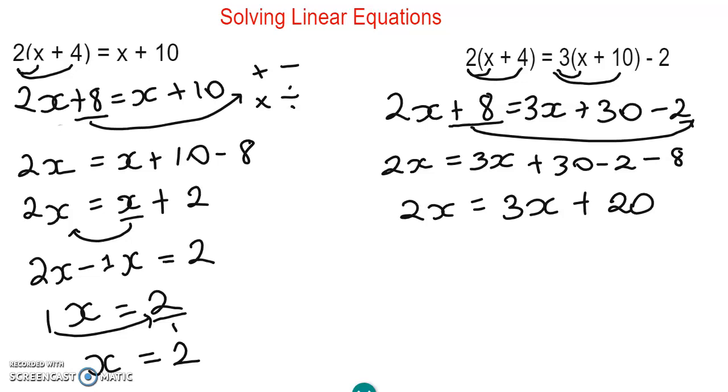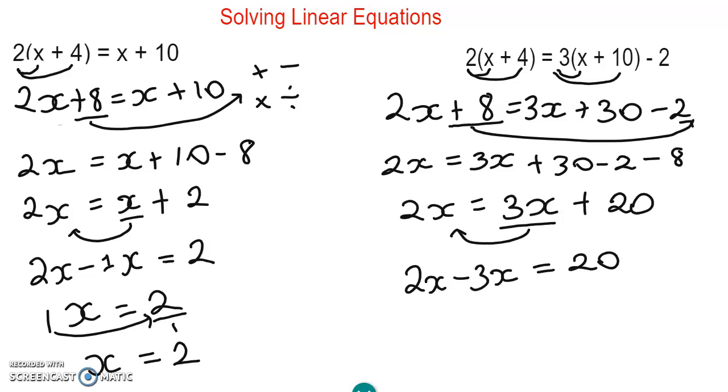And now we just need to move our unknown, which is this 3x that we've got here. We need to move that onto the unknowns side. So 3x becomes minus 3x. So we've got 2x minus 3x equals 20.